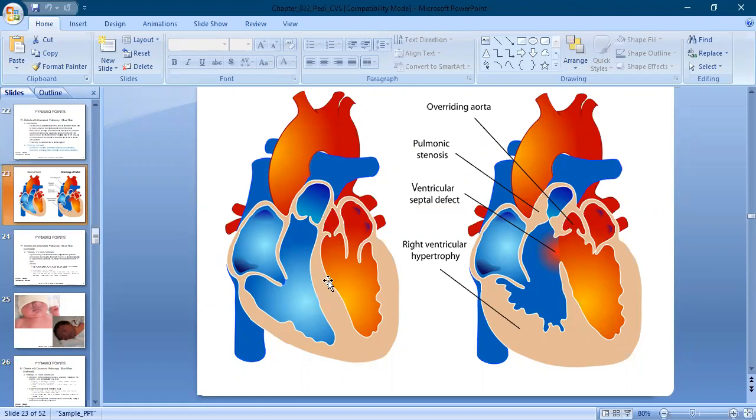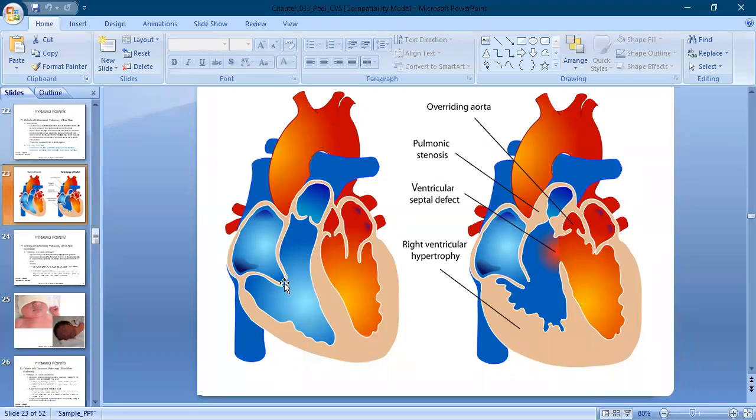And these two ventricles are completely separated by the interventricular septa. But unfortunately, some babies are born with a defect in this septa, sometimes an abnormal opening in between the two ventricles.